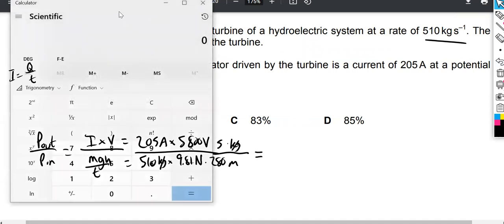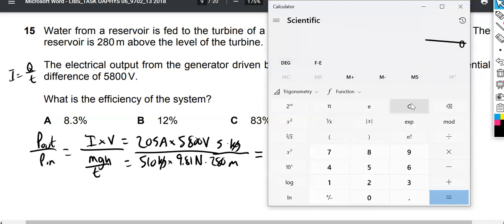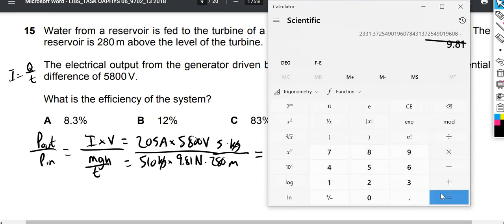Got a calculator check. Check my calculation. So that's divided by 510, divided by 9.81.